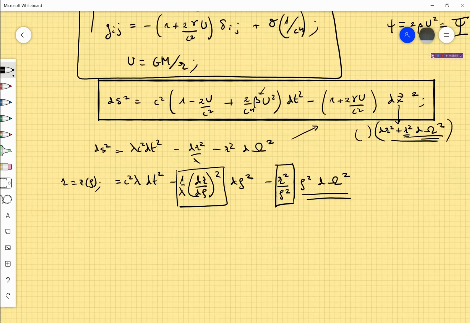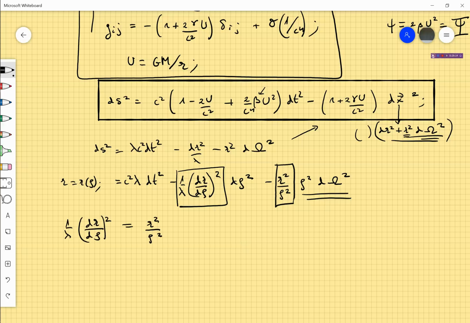So this is the common factor, and now you can write this as a differential equation. This is 1 over lambda times dr over d rho squared has to be equal to r squared divided by rho squared.